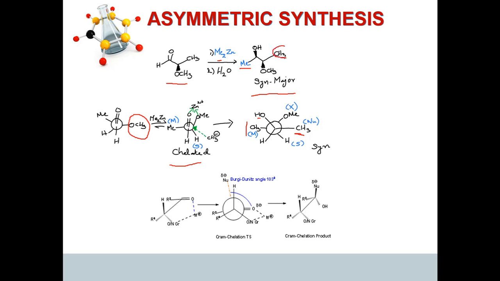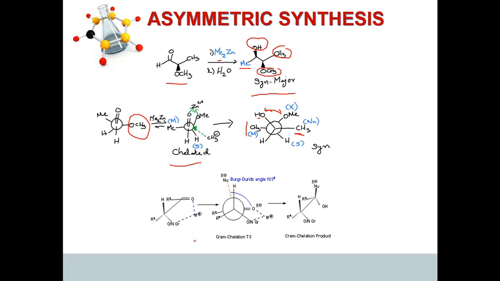So they are on the same chain, and they are anti to each other. So even in this structure they are anti to each other. And you can see my OH and my electronegative group are syn to each other. So here also they are syn to each other. So in this way you can predict the stereochemistry or the outcome of the product.